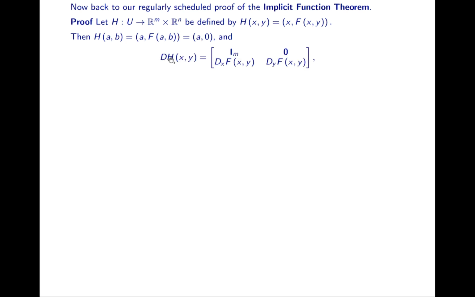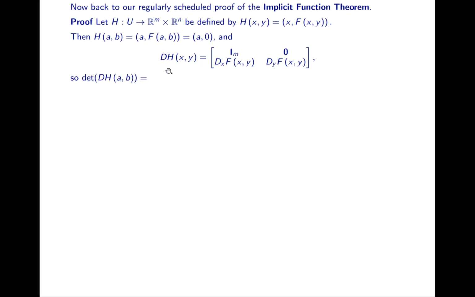Furthermore, the derivative of h is given by, well, let's consider the derivative of h, this entry. So the derivative of x with respect to x, the identity. The derivative of x with respect to y, 0. The derivative of f with respect to x, the derivative of f with respect to y.